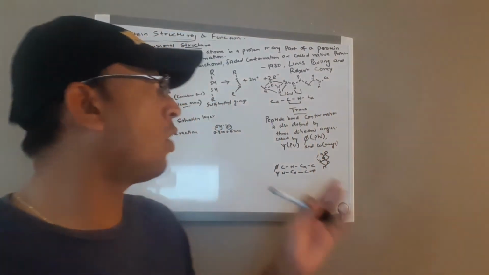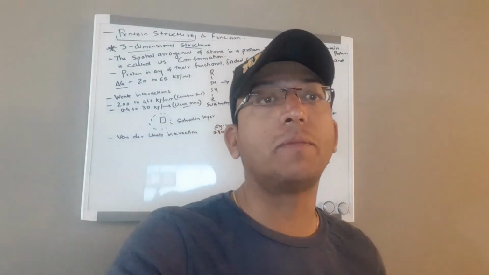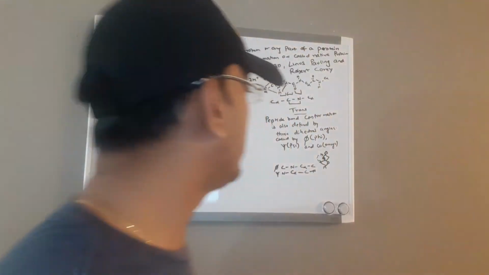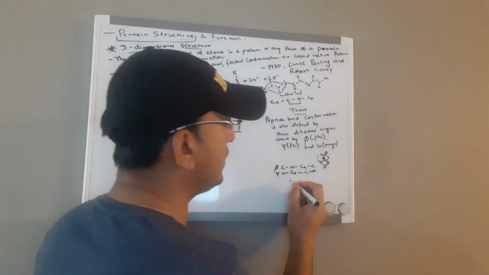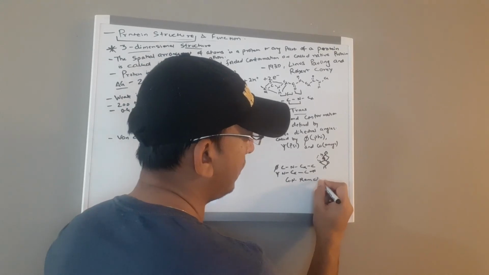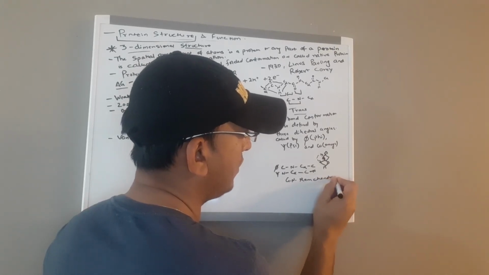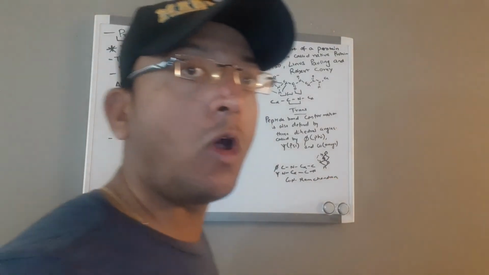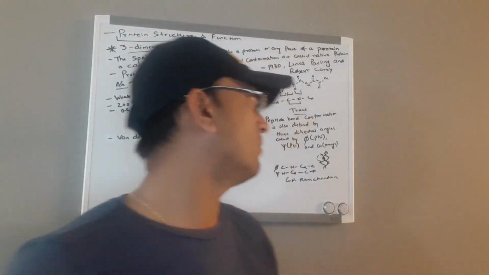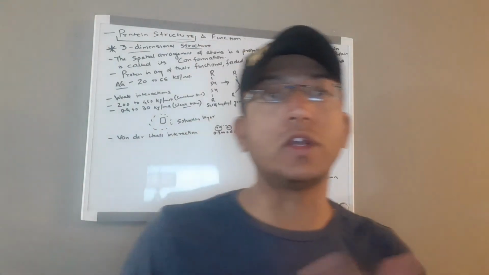All right, and there is a plot known as the Ramachandran plot. This plot was introduced by G. N. Ramachandran, and he described in more detail how these rotations go on.